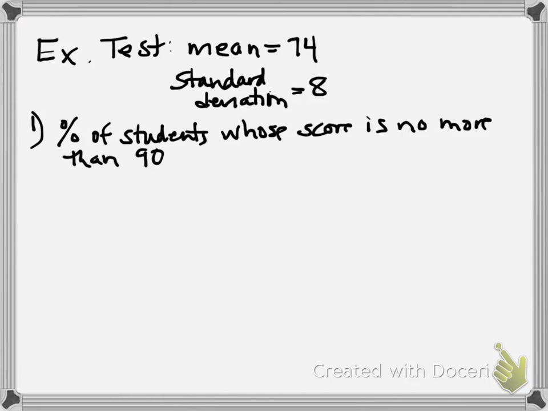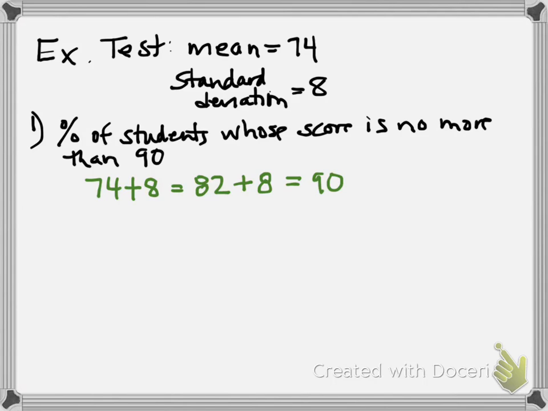We just want to know percents. So let's do 74. If I add 1 standard deviation to it, I get to 82. If I add another standard deviation to that 82, now I get up to the 90 number.